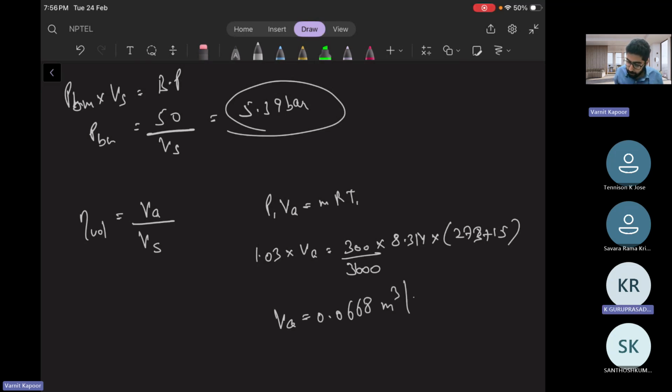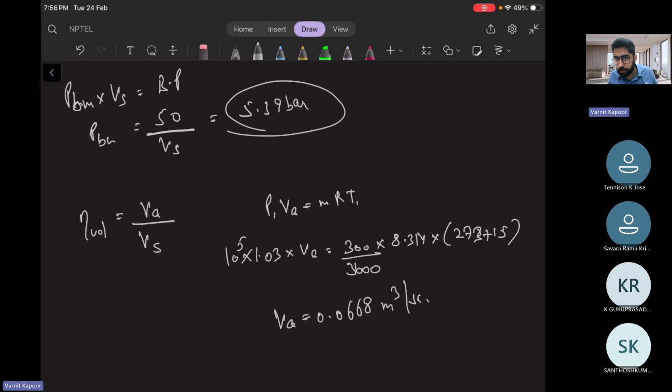Sir, you have written the P1 value in bar. Yes, it should be written in kilonewton per meter square, so you can multiply by 10 to the power of 5. Not an issue. Also, for R you have written 8.31. Yes, that is kilojoule per kilomole Kelvin. In place of R, I think the gas constant value we have to write.